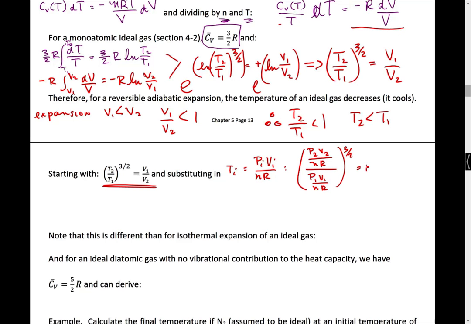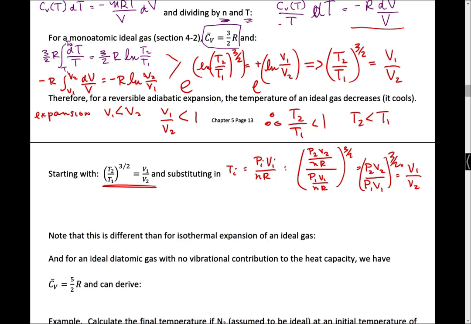So that's P2 V2 over P1 V1, and that's the same as V1 over V2. Whoops, I left one thing out. What did I leave out? My 3/2.